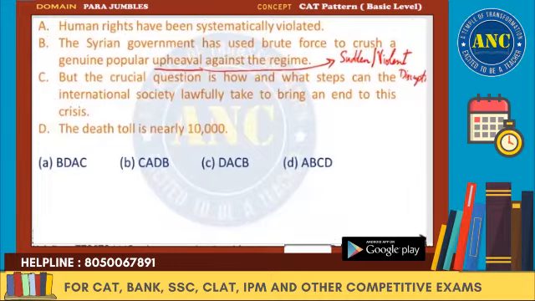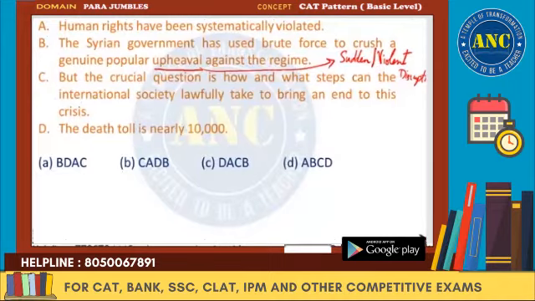So this is a forward-looking statement, right? So the other 3 are talking about the process that is currently happening. This is talking about how it can probably go on from here, is what is the crucial question. So this has to be the conclusion.